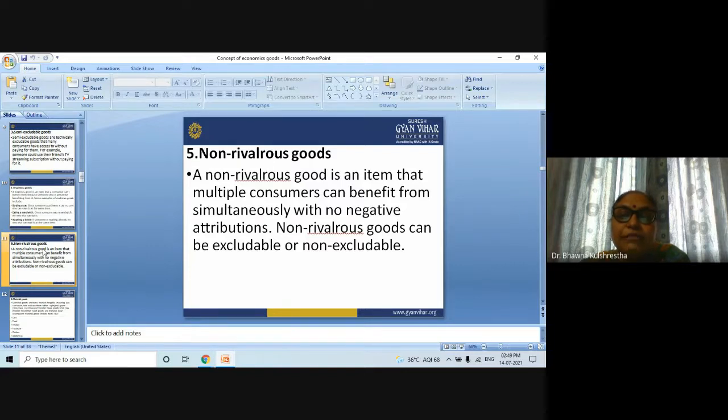Non-rivalrous goods can be excludable or non-excludable.